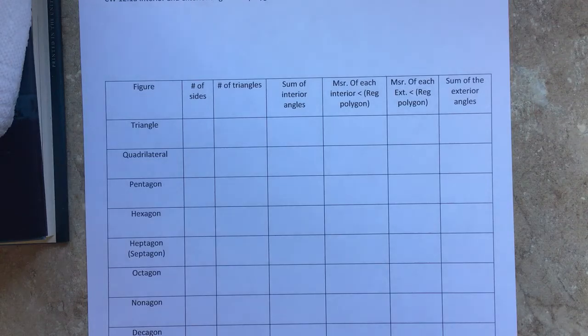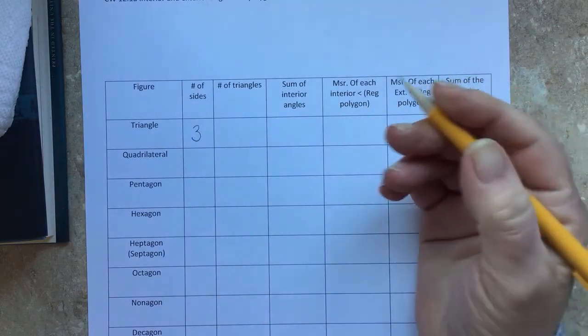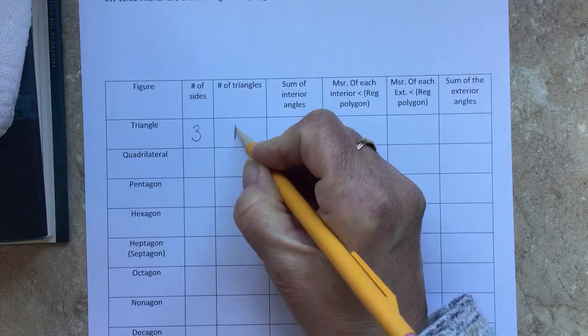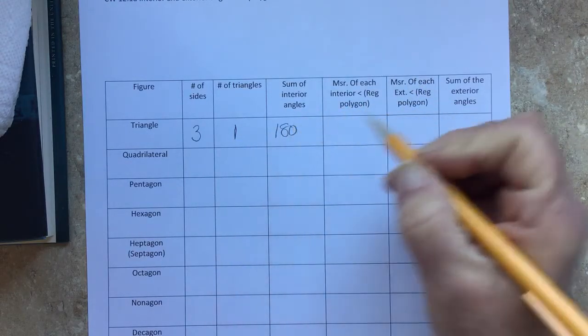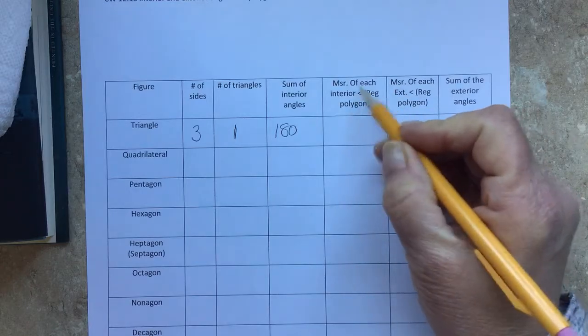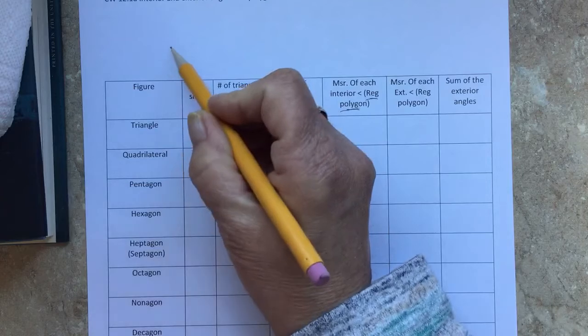All right, so the first thing we're going to talk about is the triangle. We know it has 3 sides. And how many triangles are in a triangle? Well, that would be 1. We know that the sum of the interior angles is 180 degrees. And the measure of each interior angle, now it has to be a regular polygon.